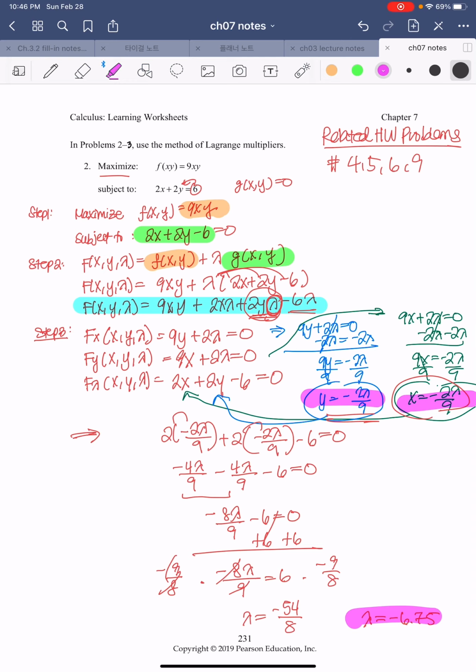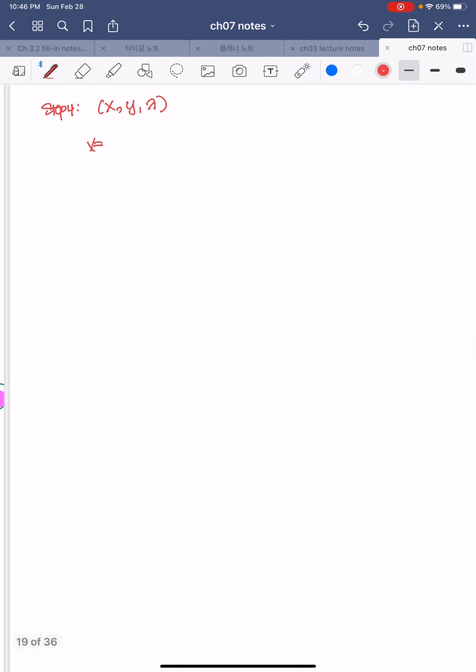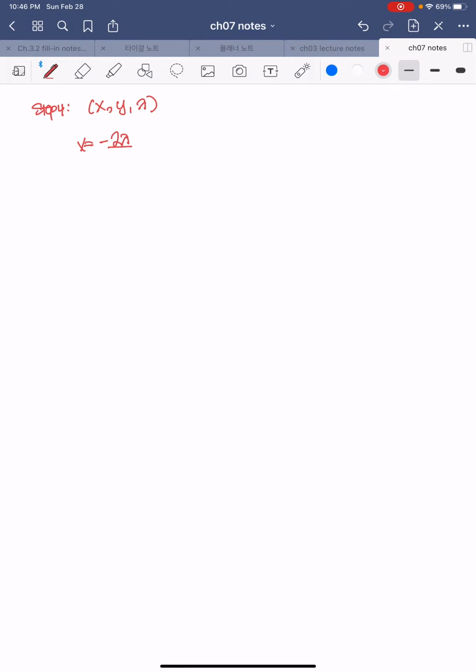I'm going to add another page. Okay. So step 4. My critical value x, y, lambda will be, from the previous page, we got x as negative 2 lambda over 9, y as negative 2 lambda over 9.